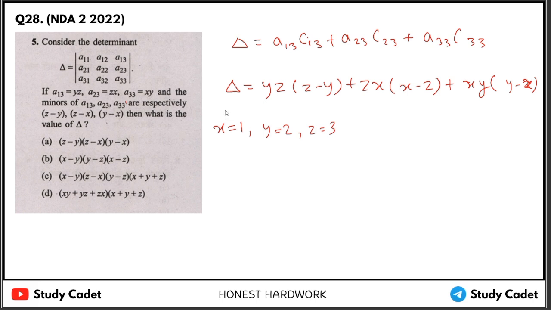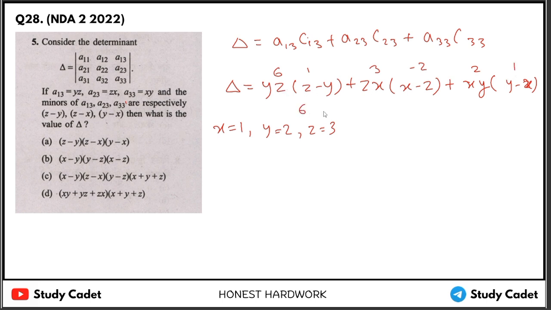YZ is 6, Z minus Y is 1; ZX is 3, X minus Z is minus 2; XY is 2, Y minus X is 1.